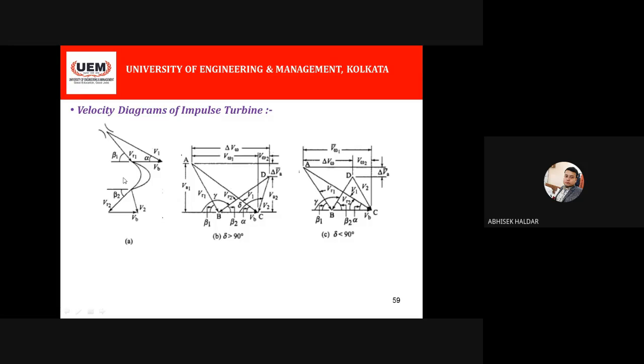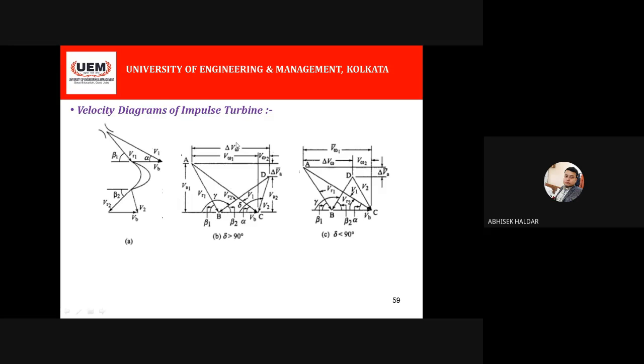So whatever the change in velocity, the change in momentum, the change in torque we are getting, is due to the change in tangential velocity, not axial velocity. Change in tangential velocity means change in wheel velocity. So it is the delta VW.